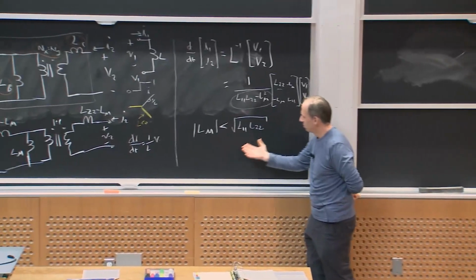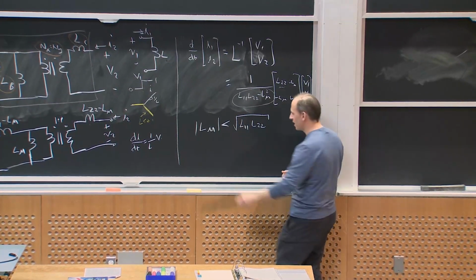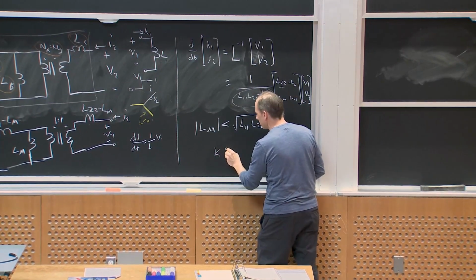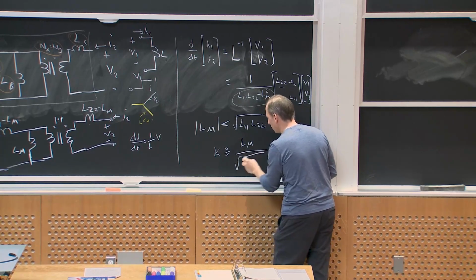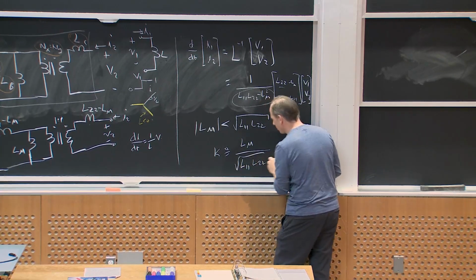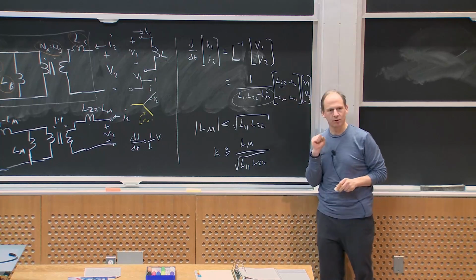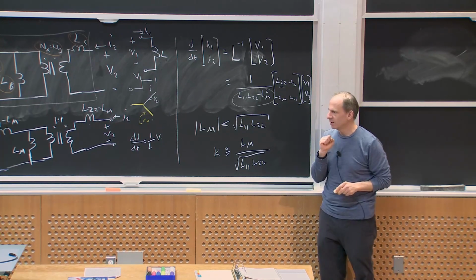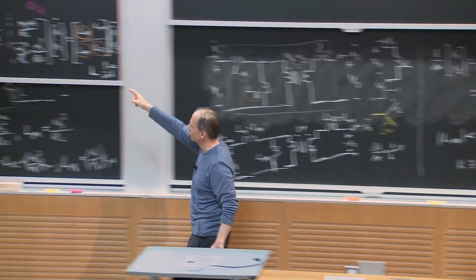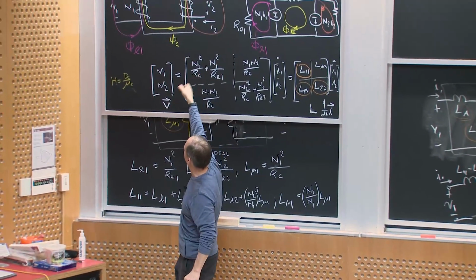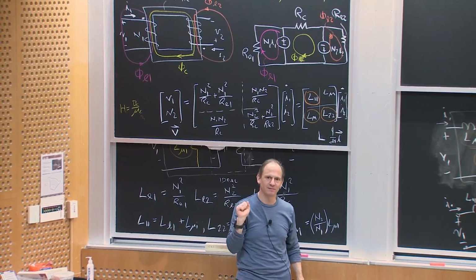Sometimes we define a coupling coefficient K, and K is defined as equal to Lm over the square root of L11 L22. Lm being equal to the square root of L11 L22 is basically perfect coupling. What does that mean? That means there is essentially no leakage flux. All the flux in the primary is linking the secondary.